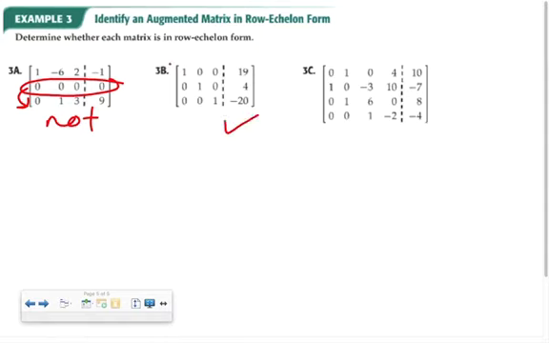Notice how the ones are making a triangle. C is most assuredly not in row echelon form. And I would have to do some real math to get it there. I can't just move them around like I could in choice A, or part A, excuse me.